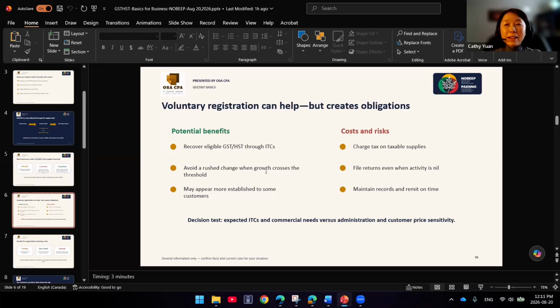We don't have to spend lots of time noticing that revenue is over 30,000 and hurry to register or contact the CRA due to mandatory requirements. If we voluntarily register, we don't have to rush.